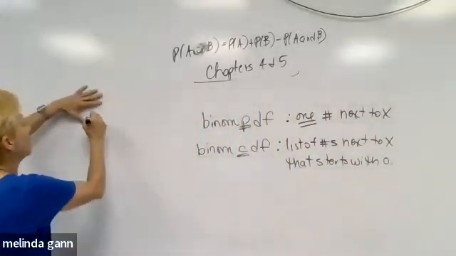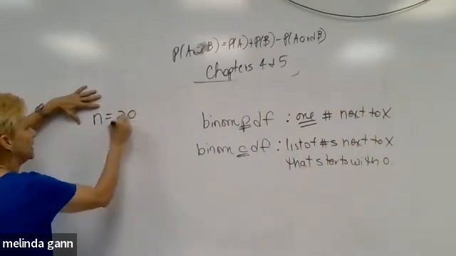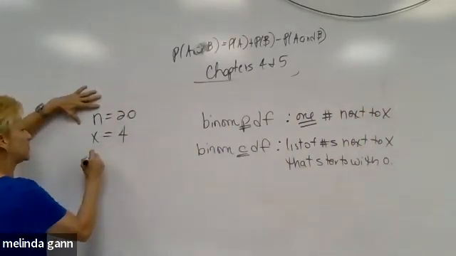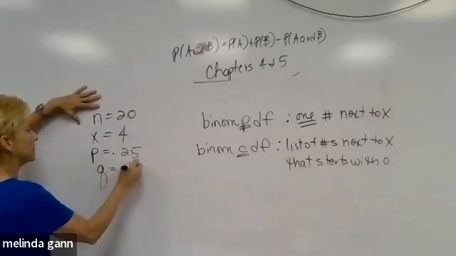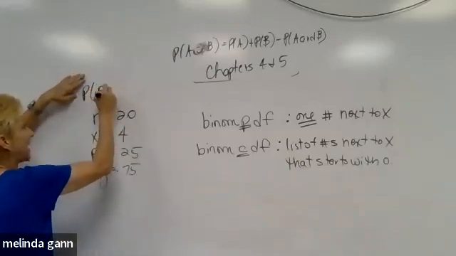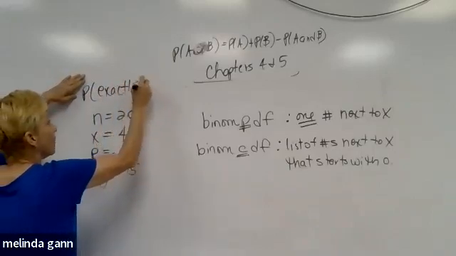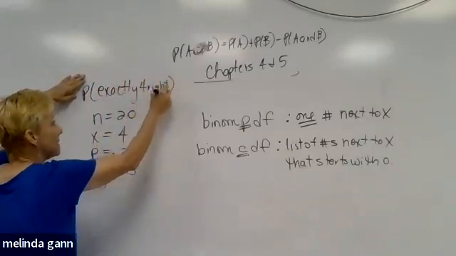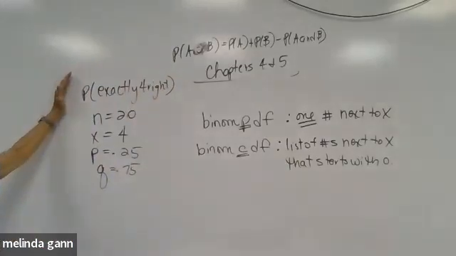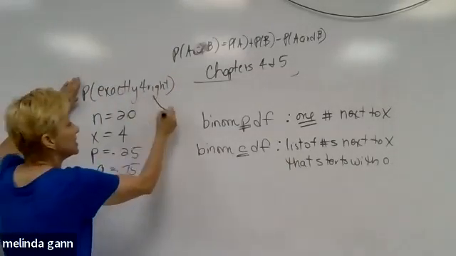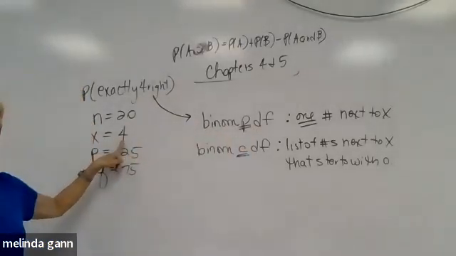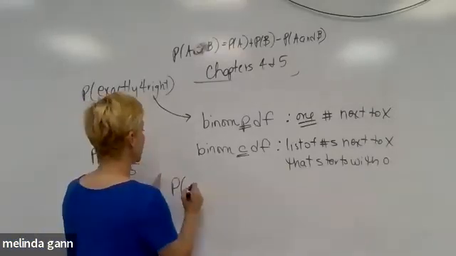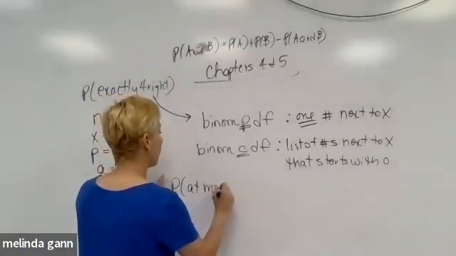Like a minute ago, remember we had N was 20. The first time we said X was 4, P was 0.25, and Q was 0.75, when it was the probability that exactly 4 are right. Remember that one? Then I would use the binomial PDF key because next to X, there's only one number. But if it says, what's the probability that at most 4 are right?